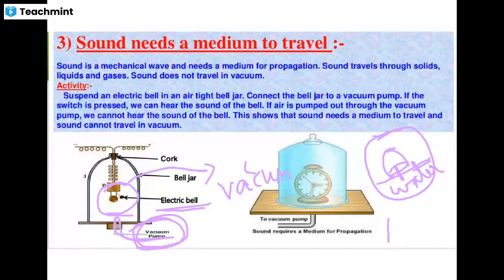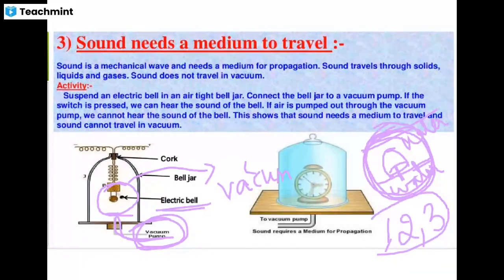For the third activity, fill the balloon completely with water, with the bell inside, put some vibrations and observe the sound produced by that bell. These three activities you should do.